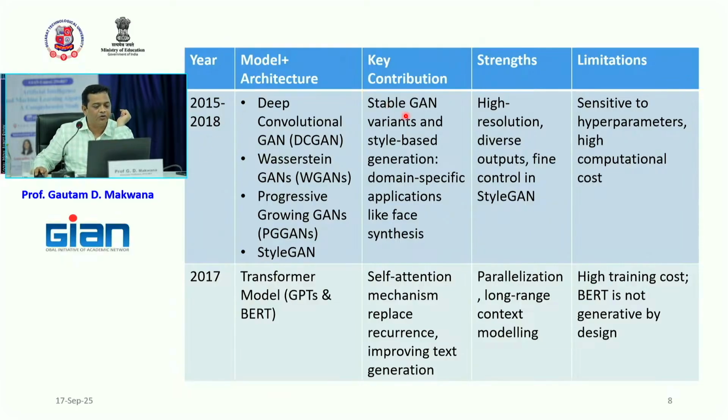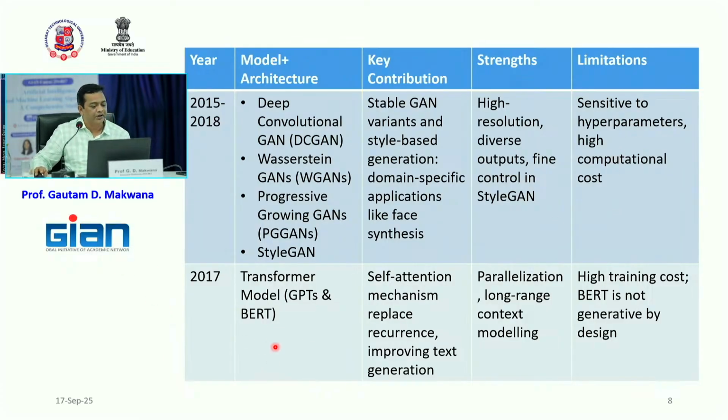The key contribution is stable GAN variants and style-based generation, with domain-specific applications like face synthesis. The strength is high resolution, diverse output, and fine control, and the limitation is sensitivity to hyperparameters and high computational cost.